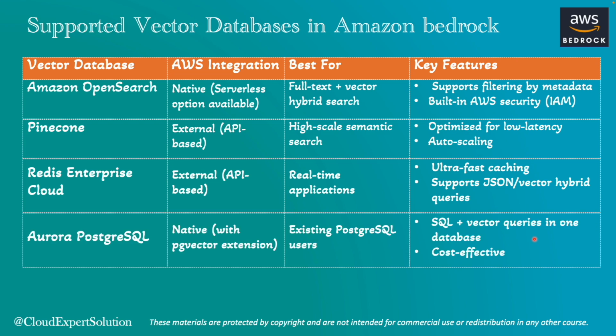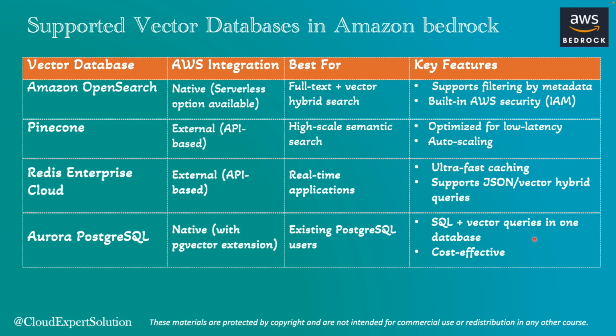And last but not least, Aurora PostgreSQL. This is again a native AWS service. That is why you will be able to connect using the PG Vector extension. This is best for existing PostgreSQL users. If you already have a PostgreSQL database and you want to add vector queries in one database, then Amazon Aurora PostgreSQL is the best fit for you, and it is cost effective among all those options.